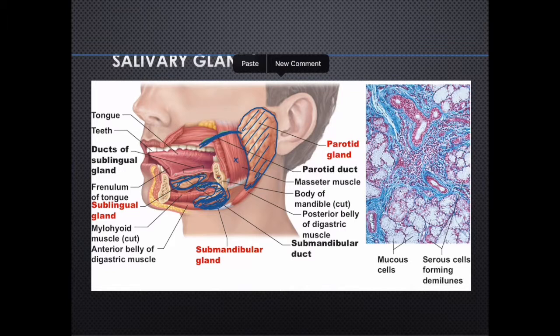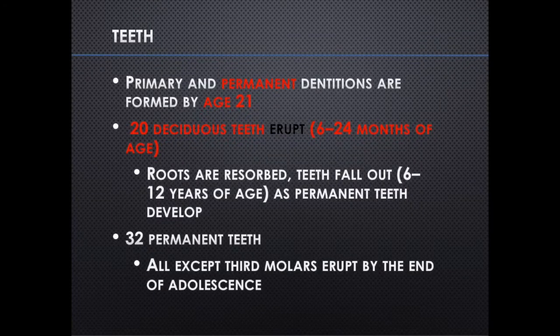So we see on here three salivary glands that we're going to have. We have the parotid gland, we have the sublingual gland, and we have the submandibular gland. And those are the glands that will be releasing the saliva in the oral cavity and responsible for the first steps of the chemical digestion in the digestive tract.